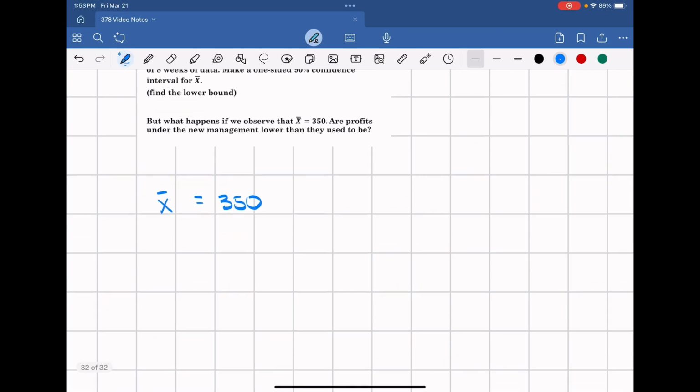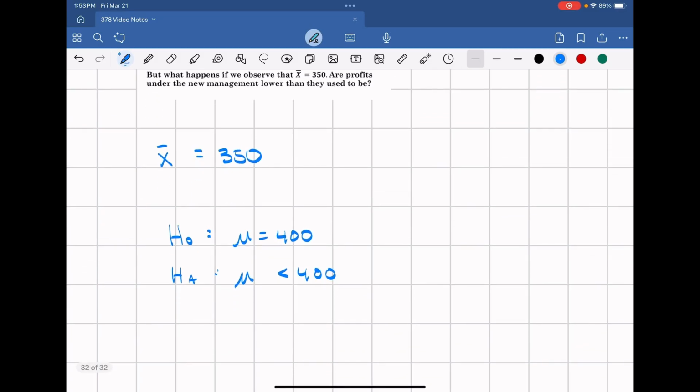In this case, we can do a hypothesis test where we set up our null hypothesis that mu is equal to 400, and our alternative is that mu is less than 400. Now we can choose our alpha. Let's choose an alpha of 10%, so we're doing a one-sided test.